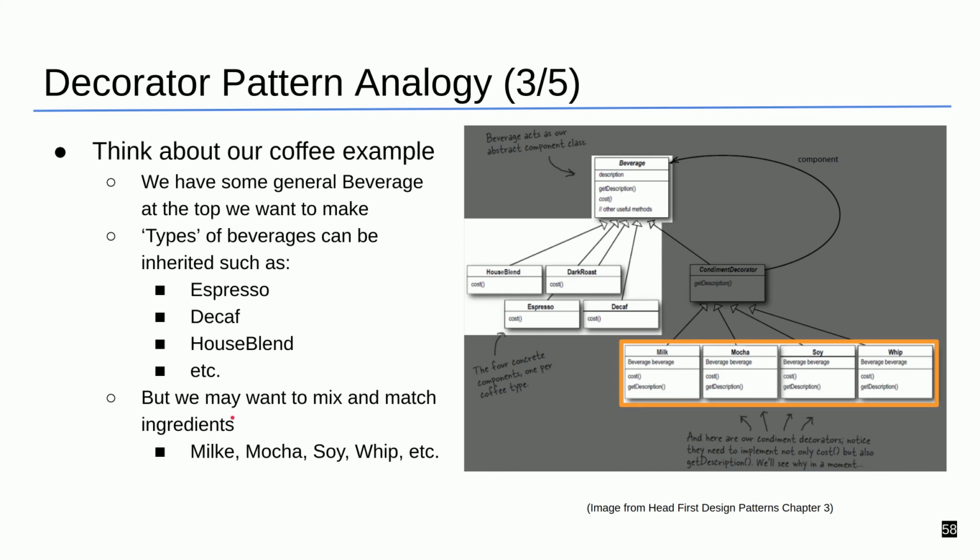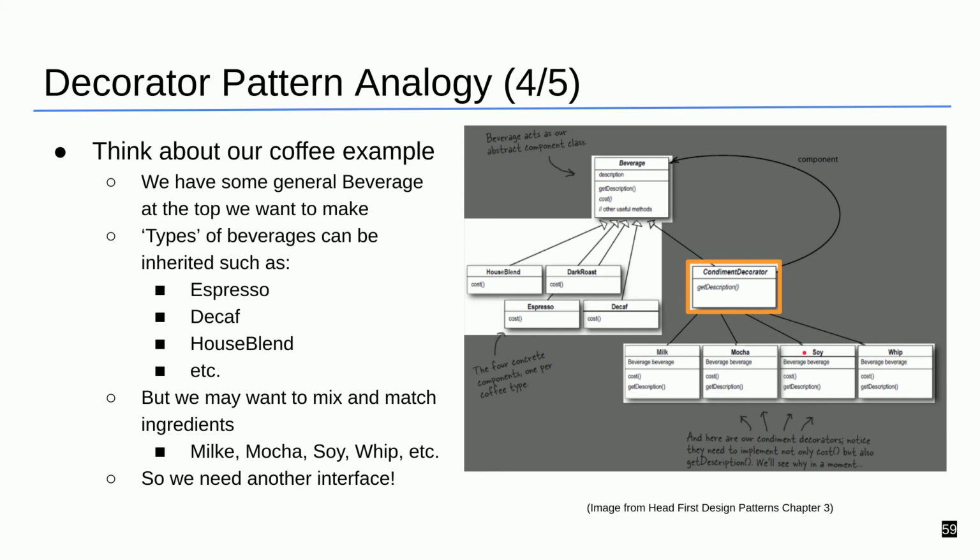And then we have all the different ingredients that we want to mix and match. So our milk, our mocha, soy, whip, maybe the house blend is, let's just say, all 4 of these. Again, not a coffee drinker, so I can't tell you exactly, but let's say it has milk, mocha, soy, and whip. Okay. So what we're going to do instead is just have this class here that is extended from a beverage, so it inherits from a beverage, so it is a type of beverage.